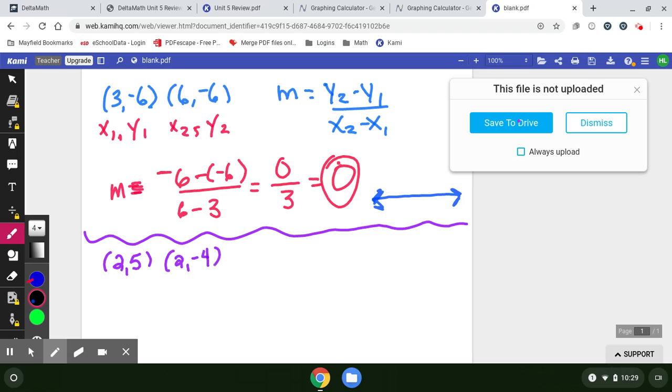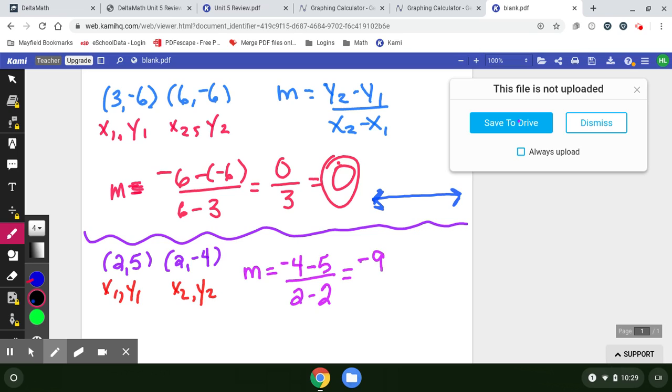So say I have those 2 points, and same thing, x1, y1, x2, y2. When I fill in my equation for slope, y2, negative 4, minus y1, 5, over x2, 2, minus 2.